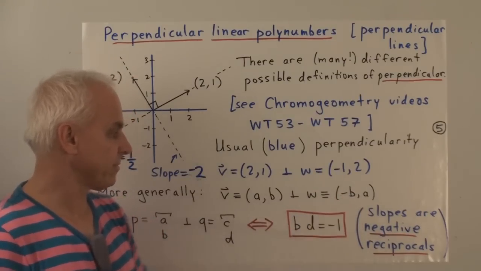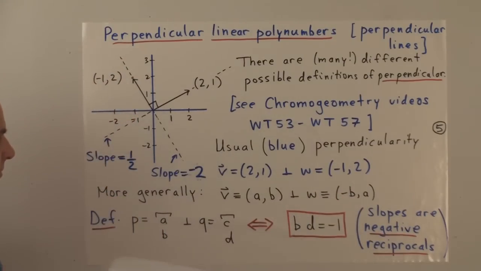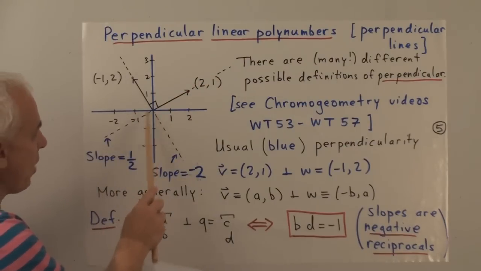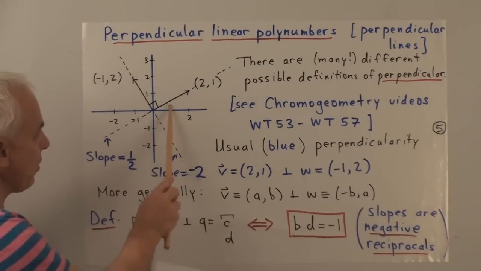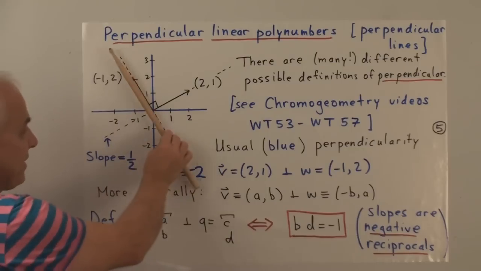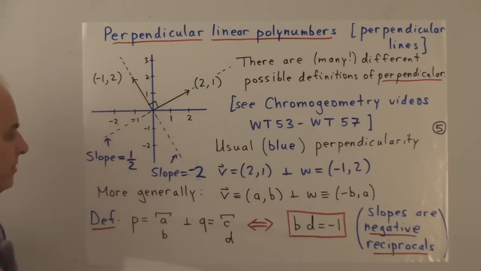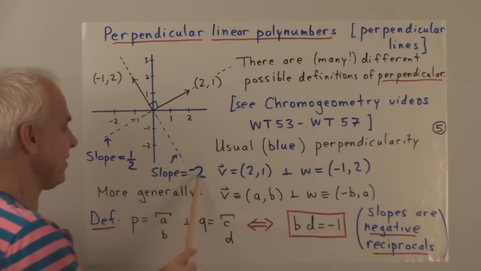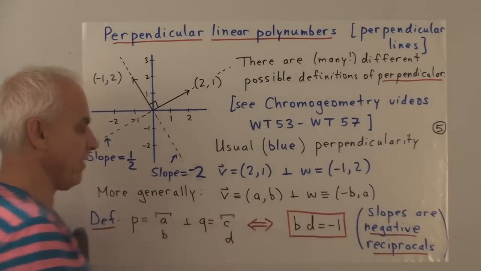Say (-B, A). Now over here, this line has slope 1/2, because if we go over 1, we go up 1/2. And this line has slope -2. The 1/2 here is this divided by this, and the -2 is this divided by this.